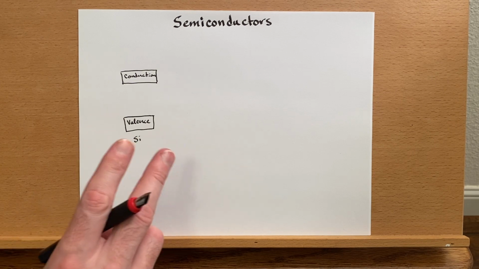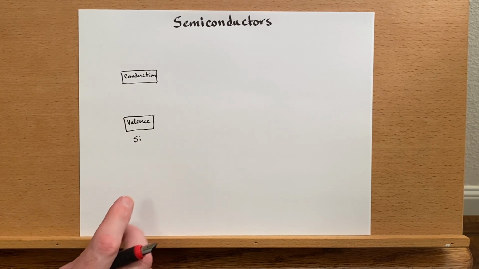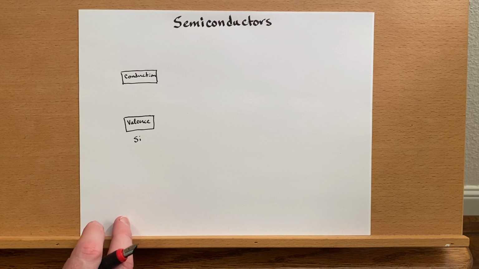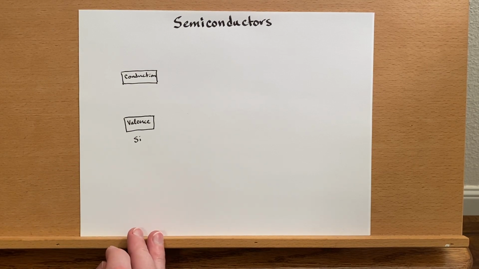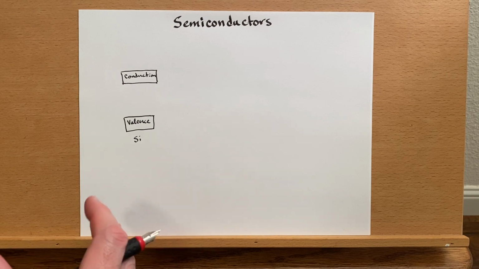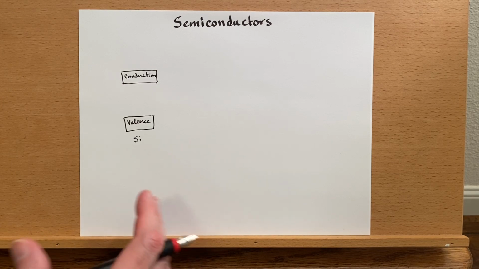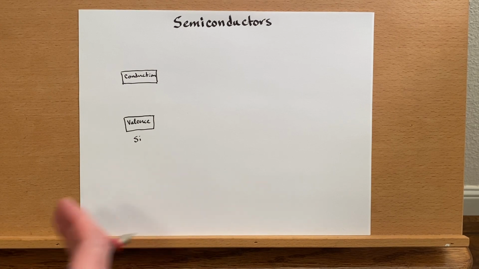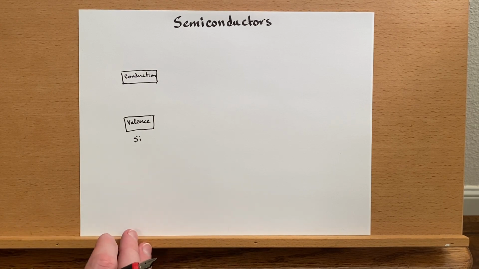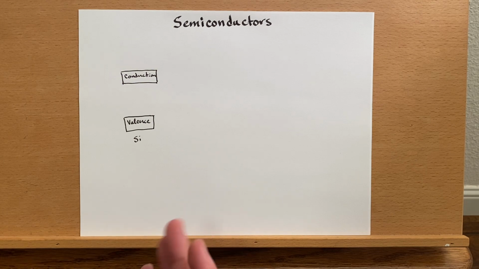Now there's two main types that we could do. There's the type that adds additional electrons into the mixture, and that's called the N type because it's so-called negative type. And then there's also the positive type, or P type, which adds in less electrons.